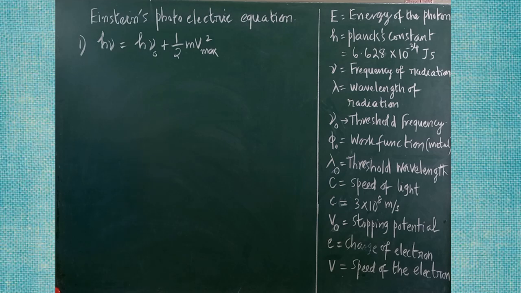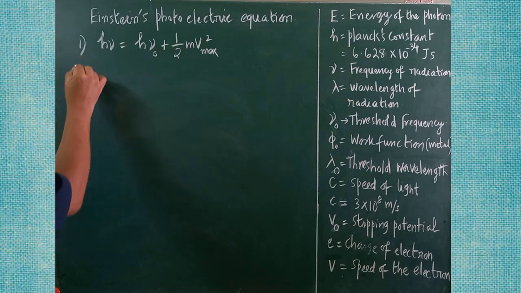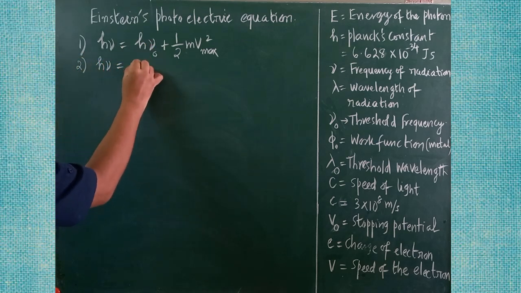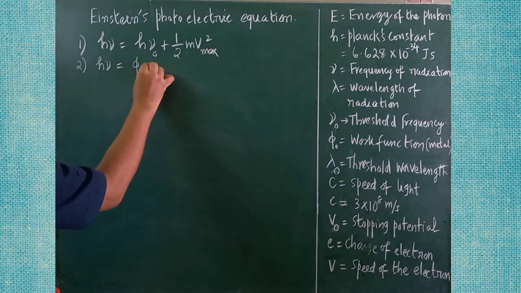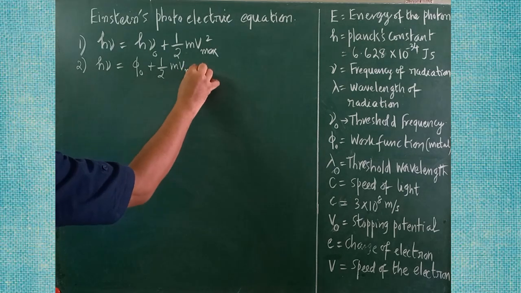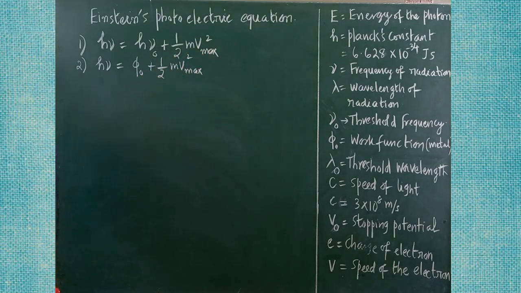So this is the equation which is often called as, what is this? Einstein's photoelectric equation. How can this formula be altered? Look at that. h nu naught can be replaced by phi naught, the work function, plus half m v max square. Are you clear?